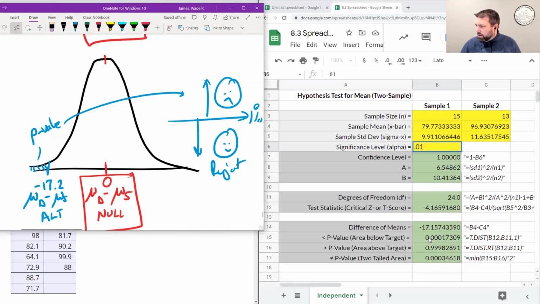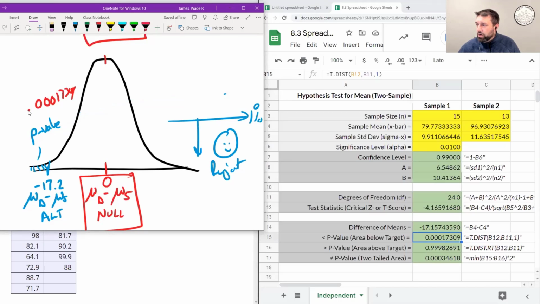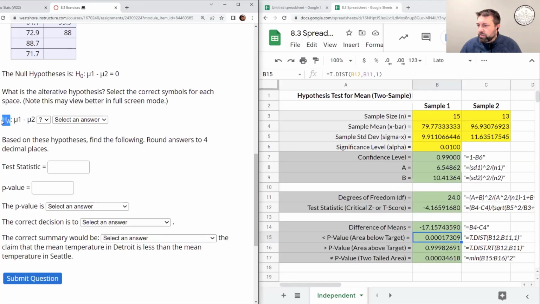Here is the area below our target. That is an extremely small area. This p-value is 0.0001739. That means that we get to reject the null hypothesis and replace it with our alternative hypothesis, which is that Detroit is colder than Seattle. The alternative hypothesis is that this is less than 0.